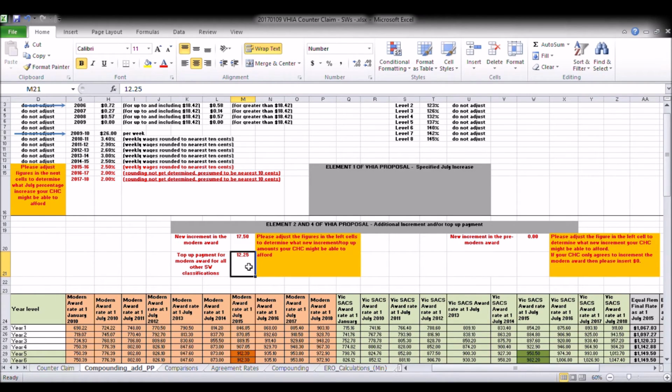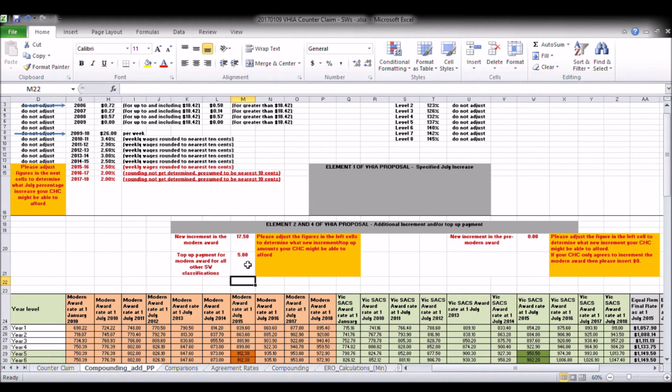However, if your community health centre does not want to support over award wages for all employees, and only wants to recognise those that have a higher amount of experience, for this element you can type 0, or alternatively you can still put a payment in, which might be that your community health centre is happy to pay $5 over the award.